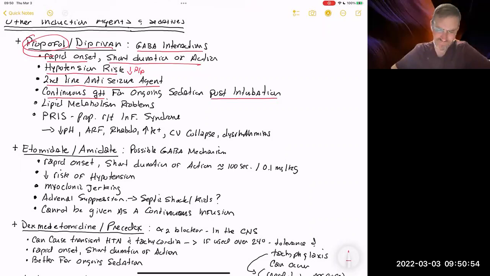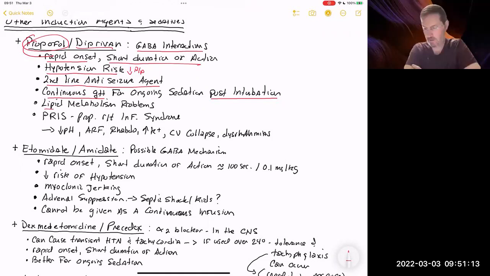You can use a propofol drip and then titrate the dose to the amount of sedation. And the cool thing about propofol is, as soon as you shut the drip off, within a couple minutes, if the patient's neurological status is intact, they will wake up very rapidly. So it's a very good agent in that respect.